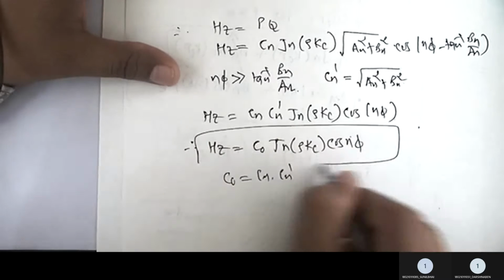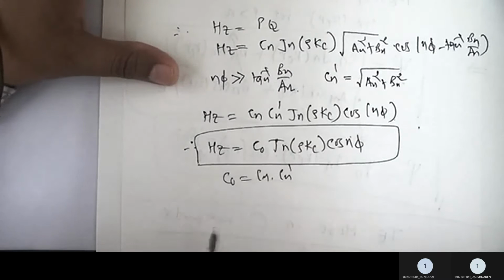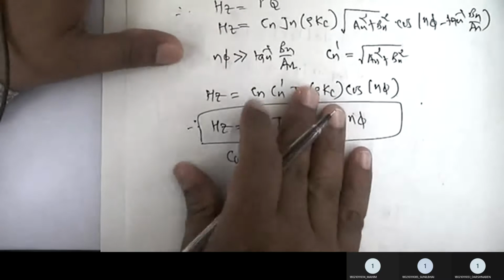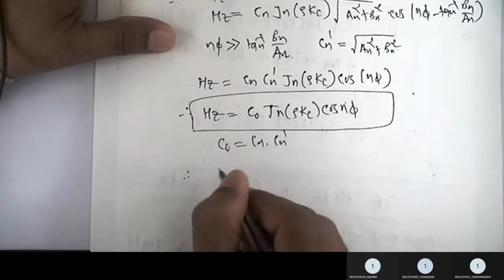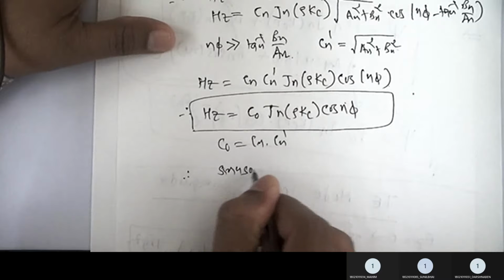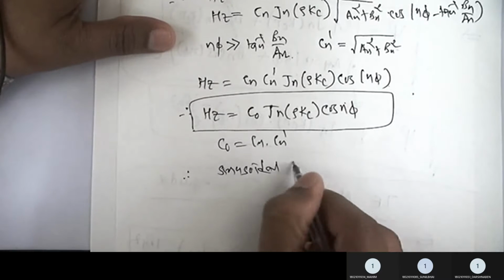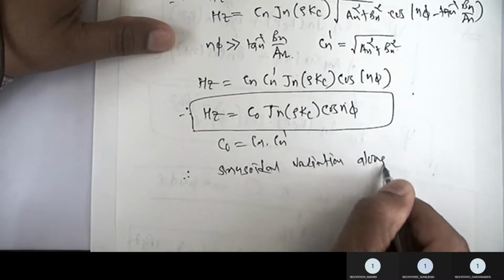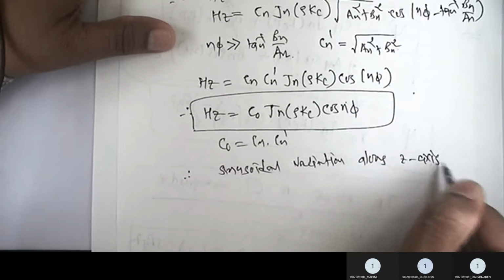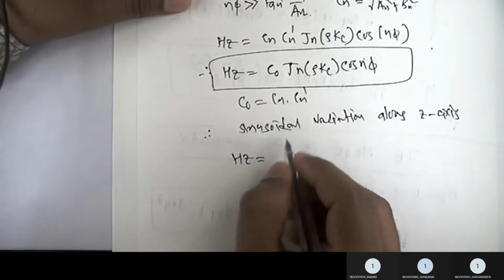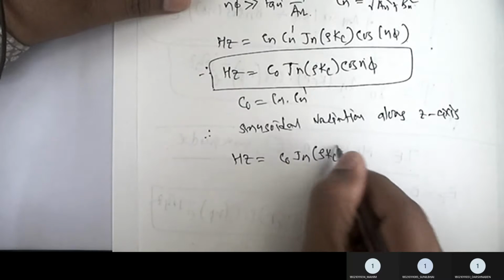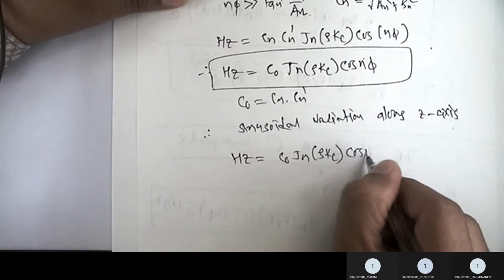So this is your final expression for the TE wave in the circular waveguide. So I can say that now the sinusoidal variation along the z-axis can be expressed as H of z, that is nothing but our C_0 Bessel function J_n(ρ k_c) cos(nφ).